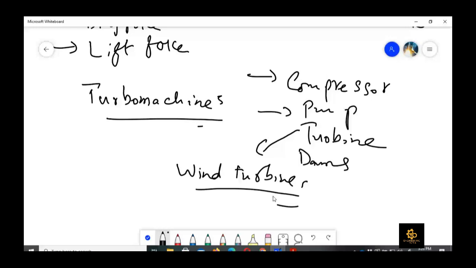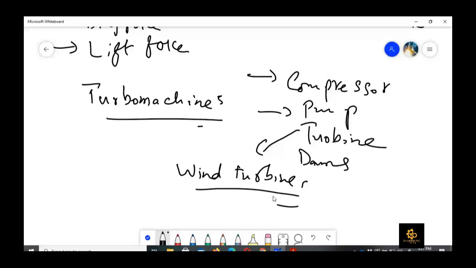Steam turbines or gas turbines also work on the same principle, that they are being moved by the flow of fluid on them. So turbo machines are the basic application of fluid mechanics.